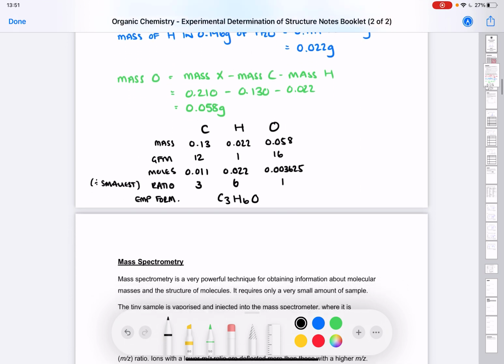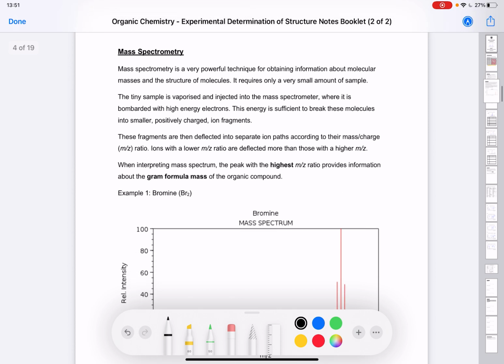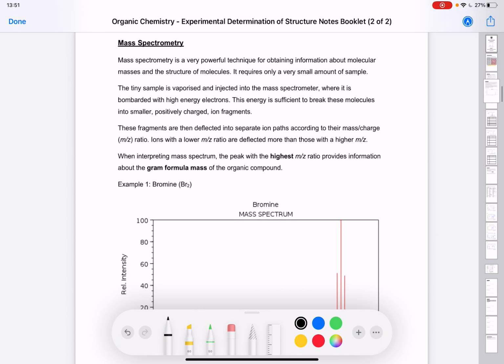Now, we often take empirical formula and pair it with mass spectrometry. So we'll do the introduction to mass spec. Mass spectrometry is a very powerful technique for obtaining information about molecular masses and the structure of molecules. It requires only a very small amount of sample. The tiny sample is vaporized and injected into the mass spectrometer, where it is bombarded with high energy electrons.